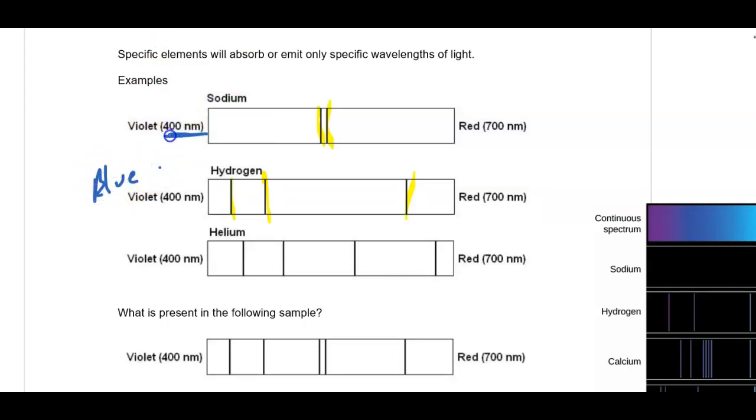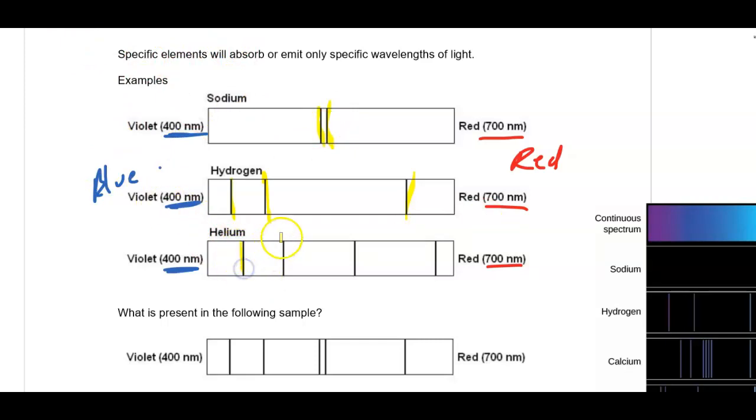Notice the blue side is at 400 nanometers in length, compared to the red side, which is 700 nanometers. And so the blue side is shorter than the red side, but we've got very specific wavelengths. So sodium is different than hydrogen, which is different than helium.